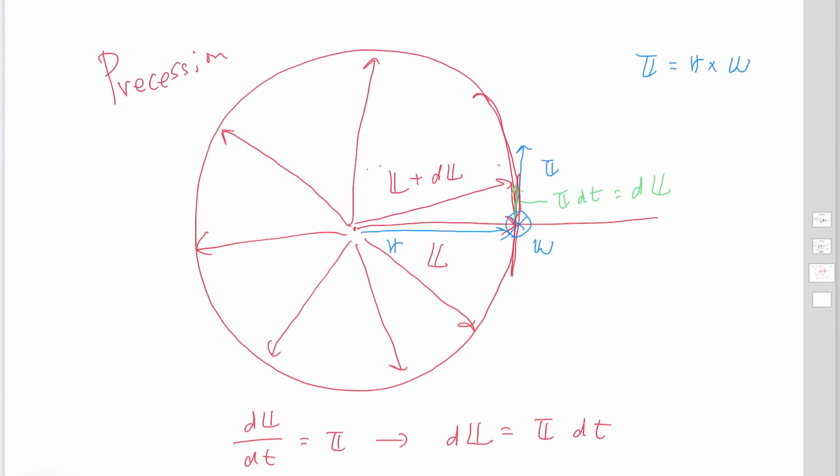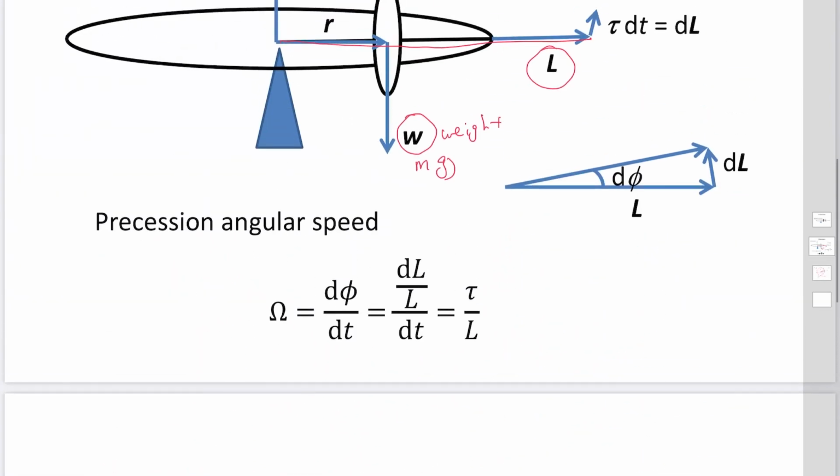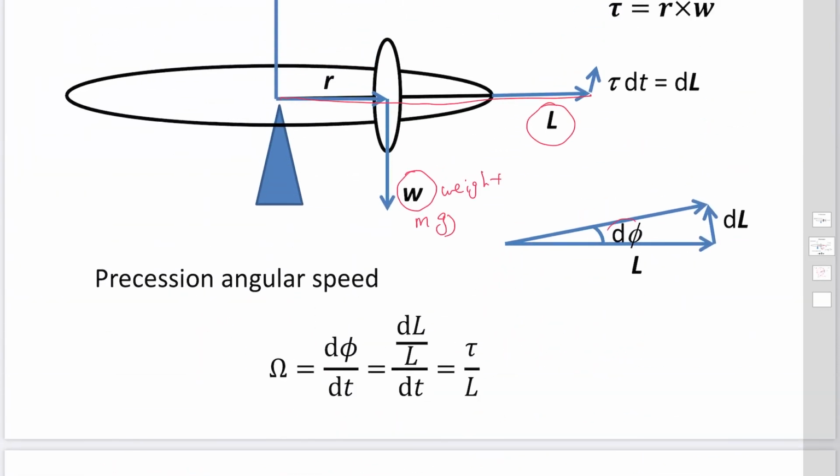By changing this angle, you can consider d phi. dL is expressed as L times d phi. So d phi can be expressed as dL over L.